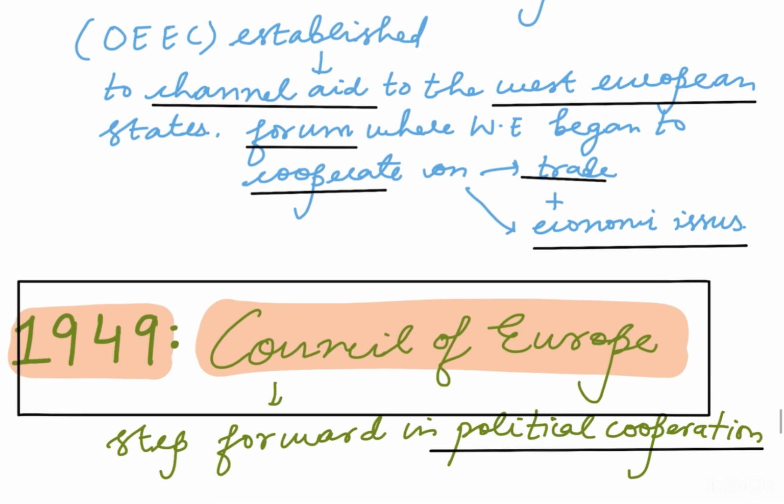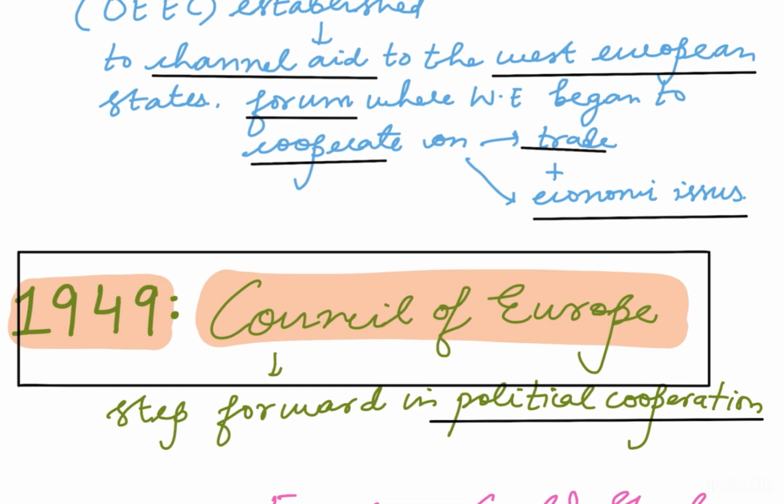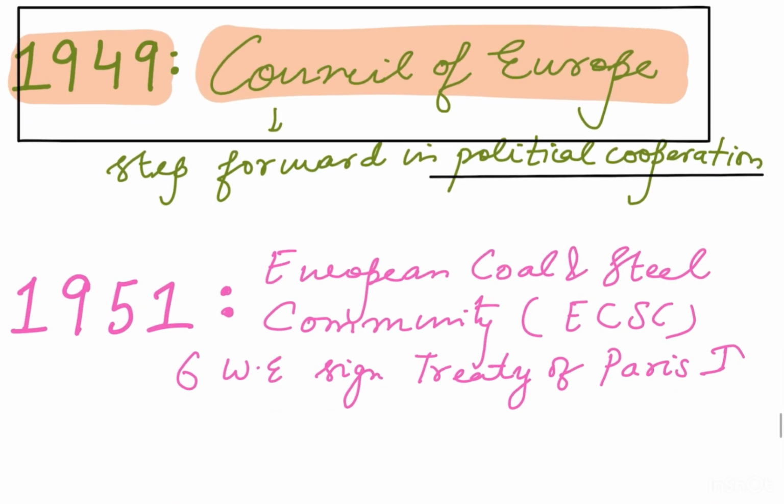In the year 1949, the Council of Europe, COE, was established, and it was just a step forward in political cooperation. This was more in terms of economic, right? Here it was political. In the year 1951, the ECSC, the European Coal and Steel Community, was established.